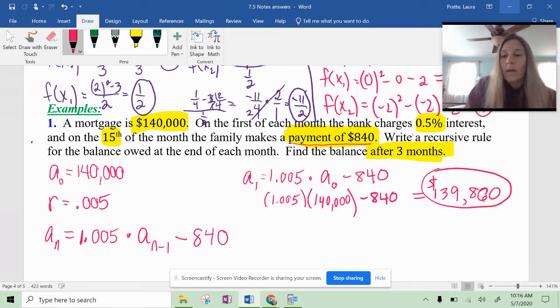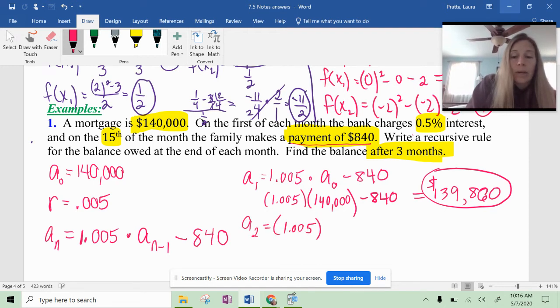So after 1 month, this is how much you would owe after the interest has been added on and the payment made. Now what about after 2 months? You're still going to use your 1.005, but now you're on A sub 1, because of n minus 1. And you're still subtracting 840. That's not going to change.